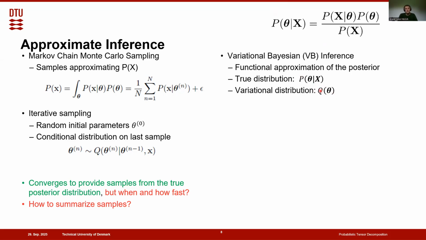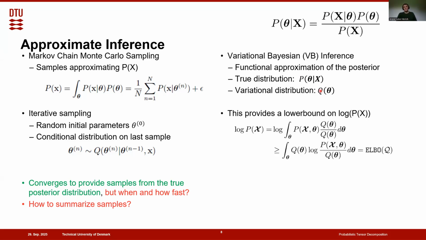It's not important, but that's just the custom to do it that way. And then you can lower bound the log of the evidence, and you get what is called the evidence lower bound, and that has a nice form that you can optimize and derive update rules from. But it is an approximation.